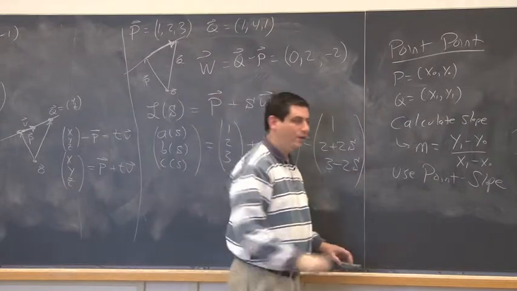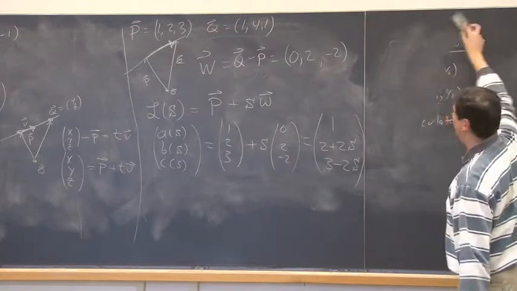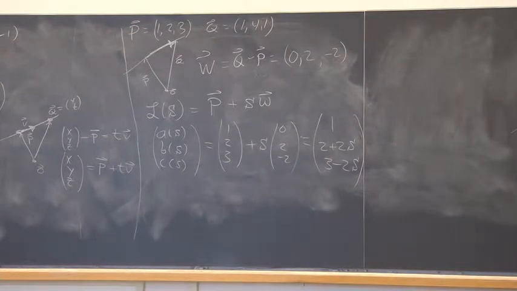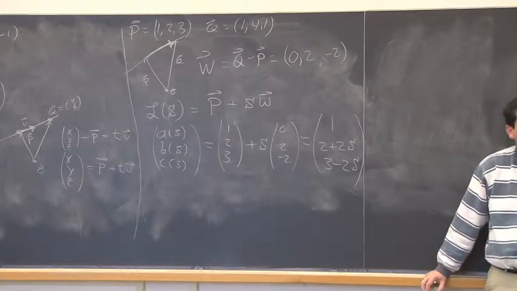Okay, so we now have two lines on the board. The natural question is, are these the same lines or are they different lines? What do you think? Same or different? Do they look different? I think they look a little bit different. Can you give me any point that's on both?